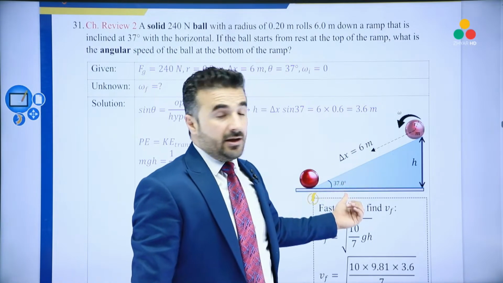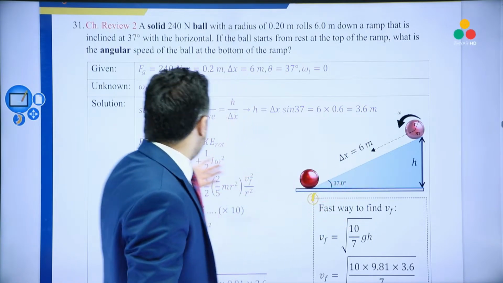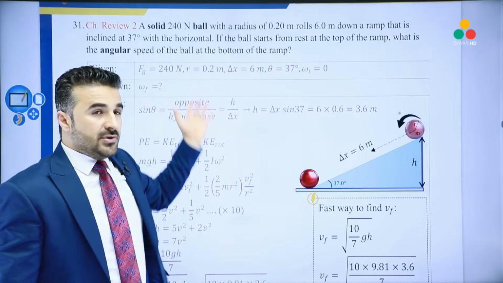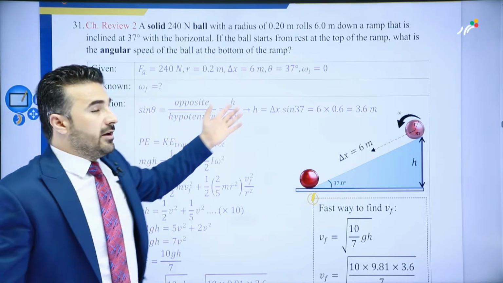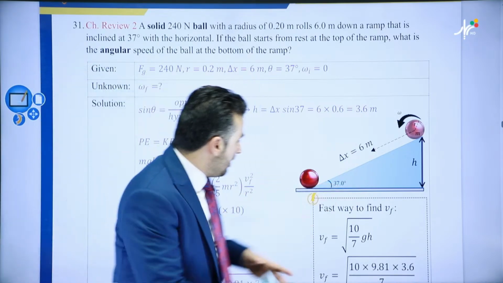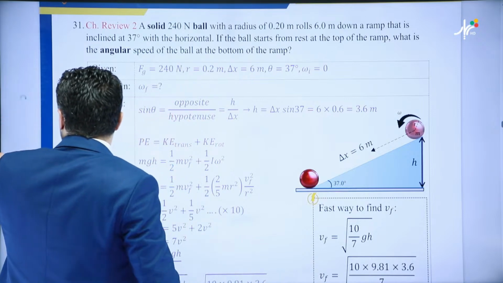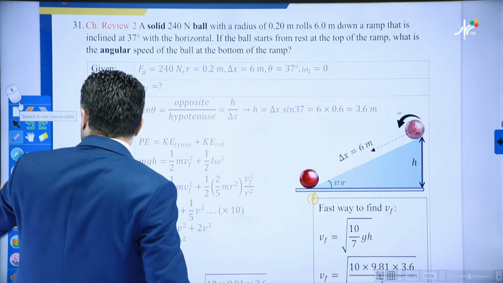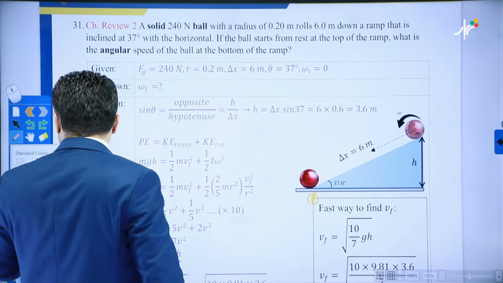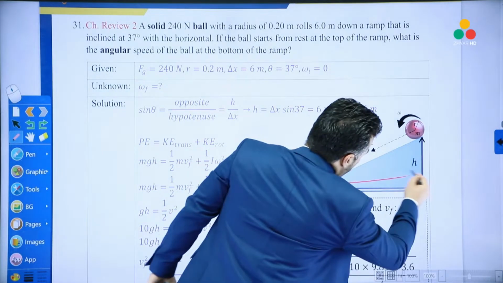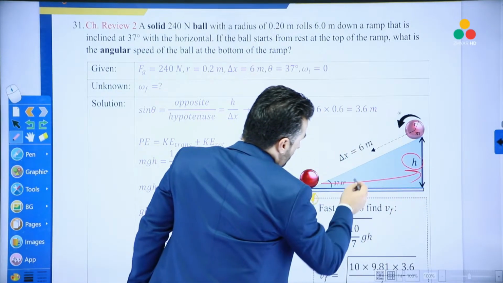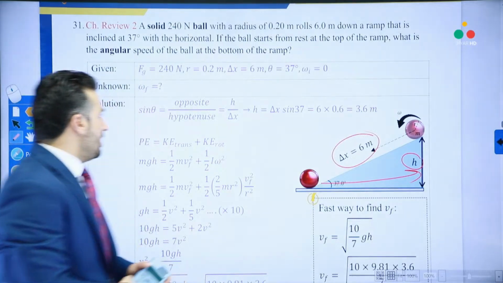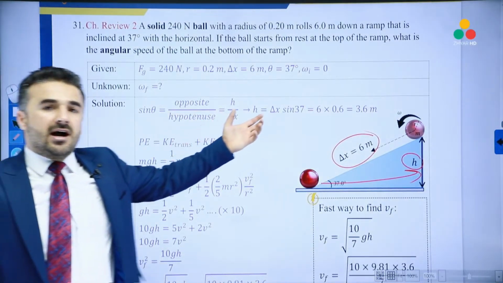You're given this angle, and sine theta equals opposite over hypotenuse. The opposite of this angle is the height, and the hypotenuse would be 6 meter.